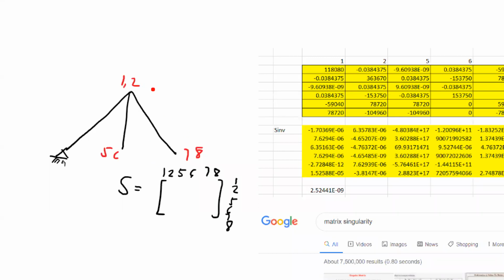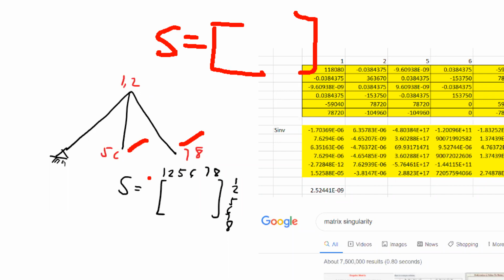So remember, you have 2 degrees of freedom per node, and your S matrix depends on the number of unknowns. So how many unknowns do we have here? 1, 2, 3, 4, 5, 6. That means your S will be 6 by 6 because you don't have supports here.